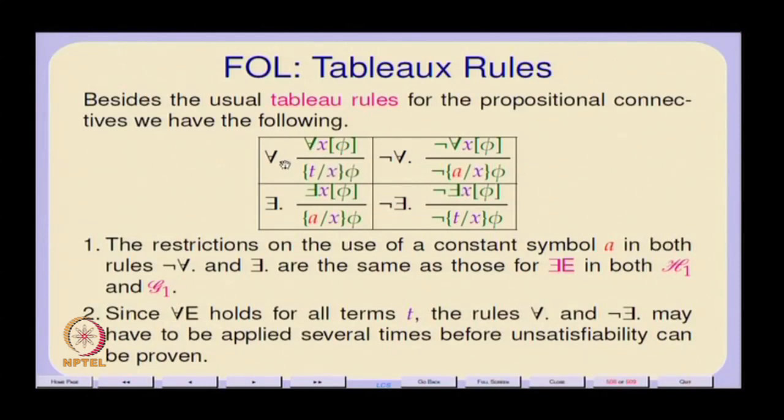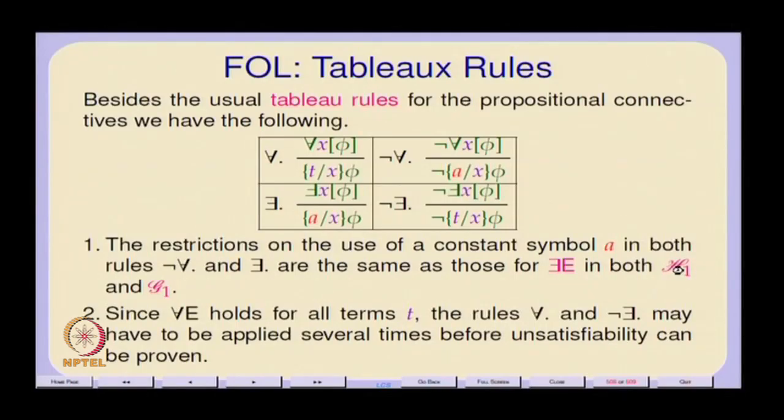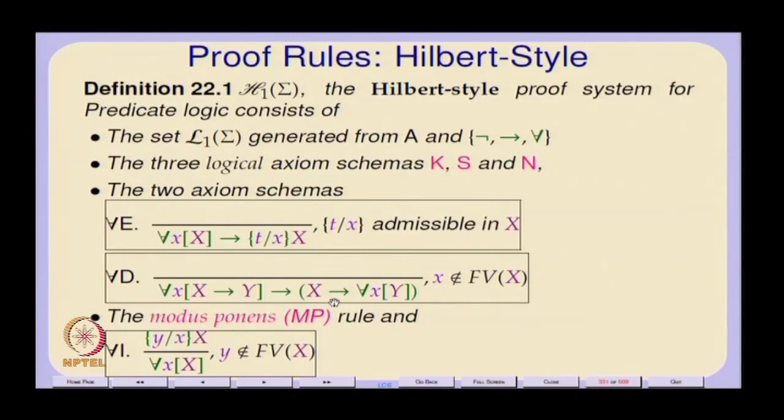In particular, when you are looking at it as the universal quantifier, this is for all terms t. I mean for every term t, this actually holds, right. In the case of the Hilbert style proof system, it did not really matter to us. Notice that this is essentially for all terms t that are admissible in X.